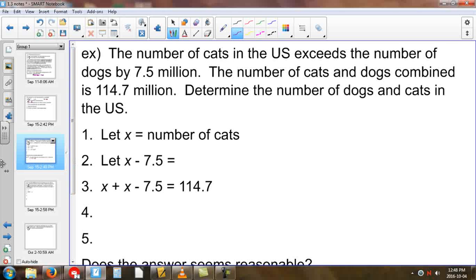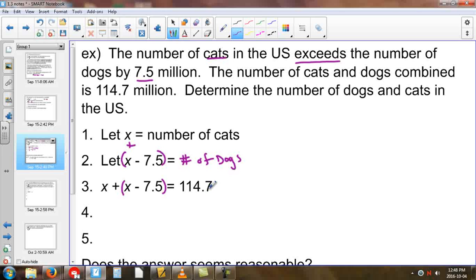Then x minus 7.5, because it says cats are more than dogs by 7.5 million. So the cats minus 7.5 million would leave us with the dogs. The reason this is useful is that now if I take the cats plus the dogs, which is what the problem says, I should get the total population.